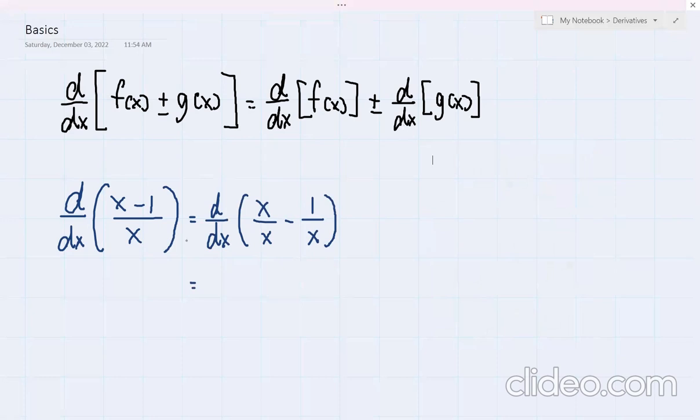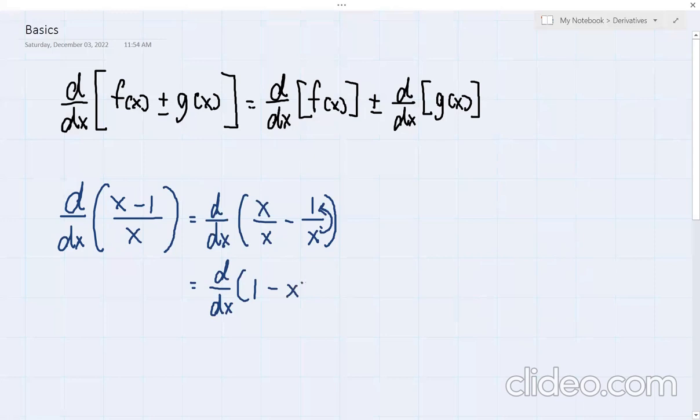X all over x or x divided by x is 1. Minus, tong si 1 all over x. Kung gusto mo siyang ilagay sa taas, pwede. Pero yung exponent ng x sa baba, yung sign niya mababago. So, kung ilagay mo siya sa taas, ano mangyayari?